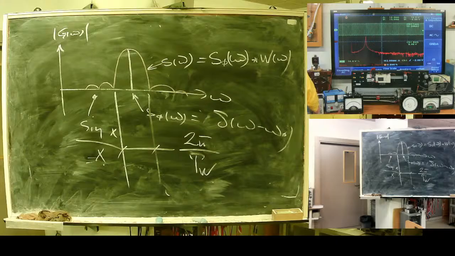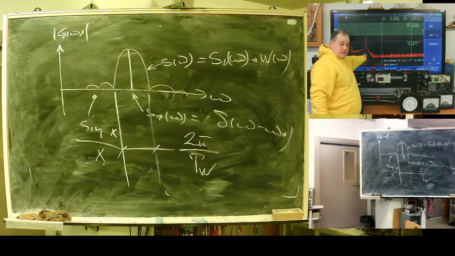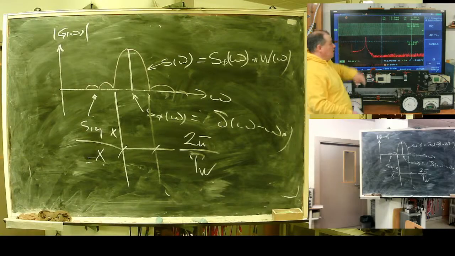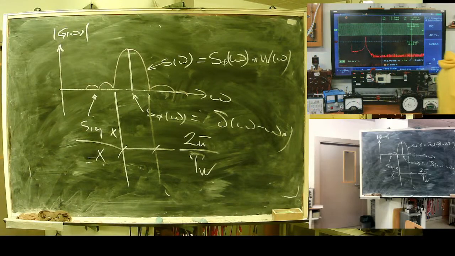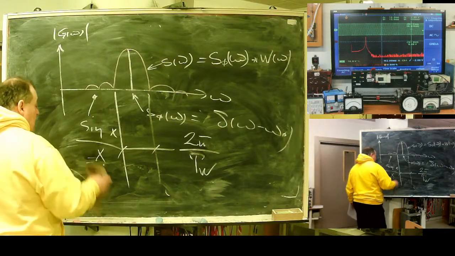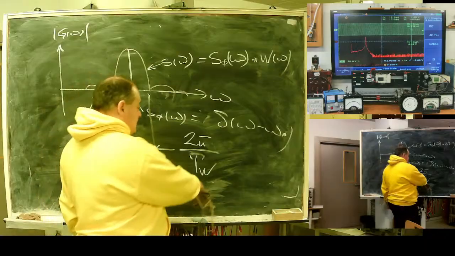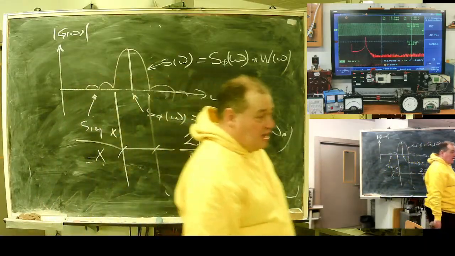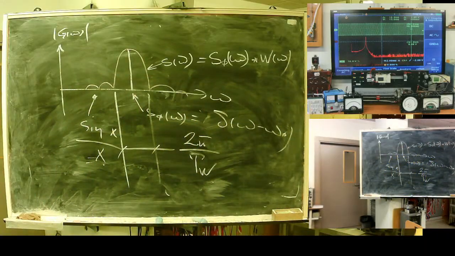I'm increasing the observation window, and you see the central lobe narrows. If in theory I can set this to infinite, I will get a delta function with only one problem: my device will be infinitely slow.